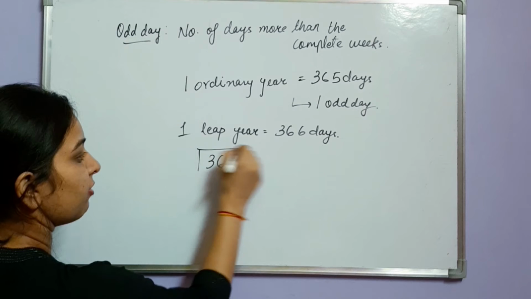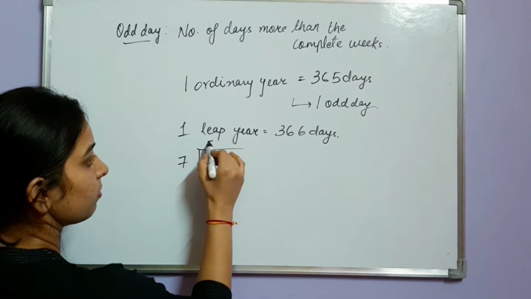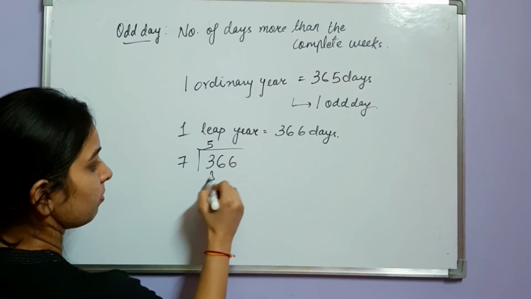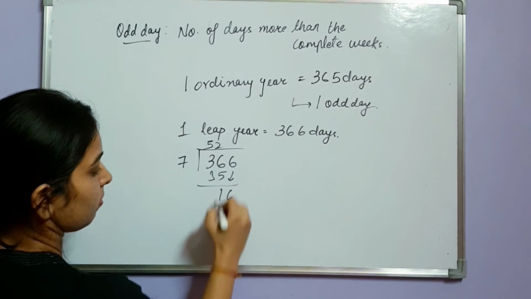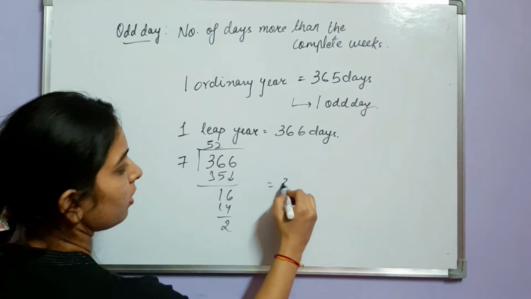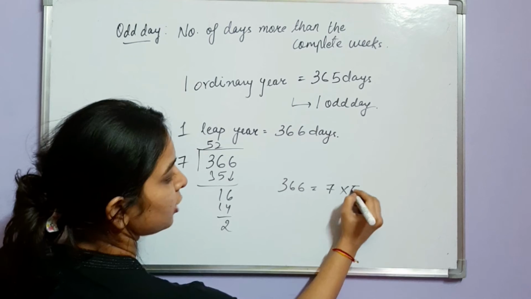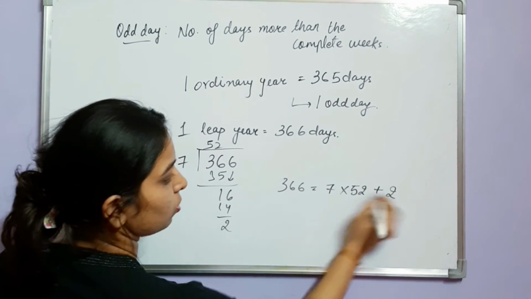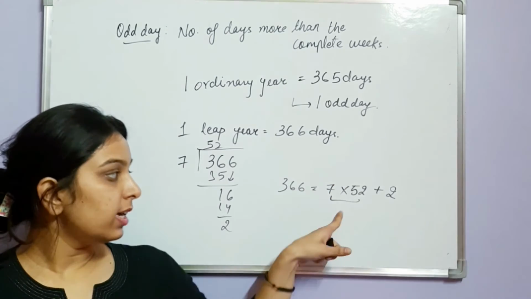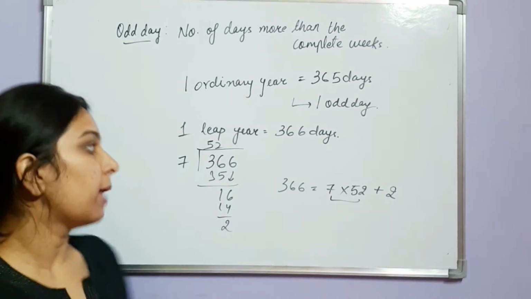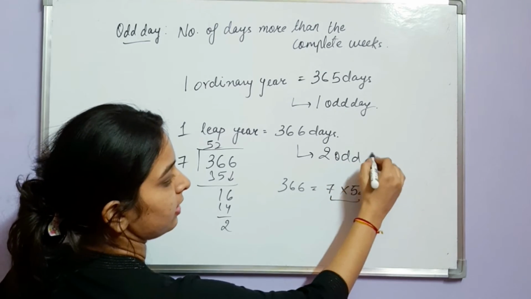That means we have to divide it by 7. 366 is equal to 7 into 52 plus 2. That means 52 weeks again, and 2 days are left. That means one leap year comprises 2 odd days.